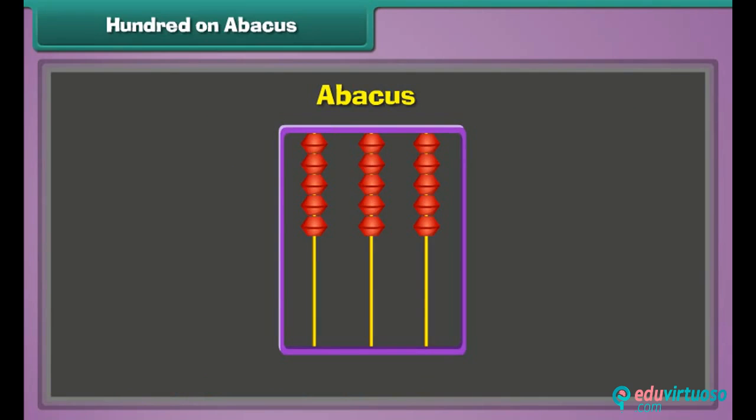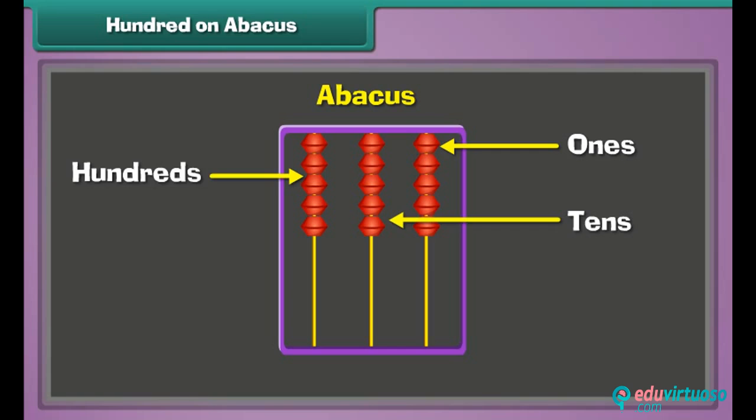100 on Abacus. Look at this Abacus. It has 3 strings. Each string represents a position. The rightmost string represents the ones place, the next the tens place, and the leftmost the hundreds place.